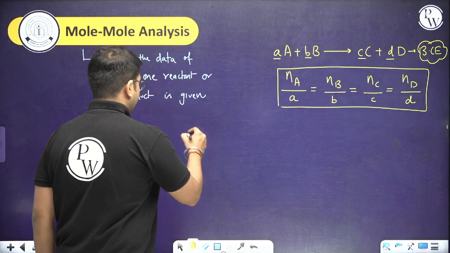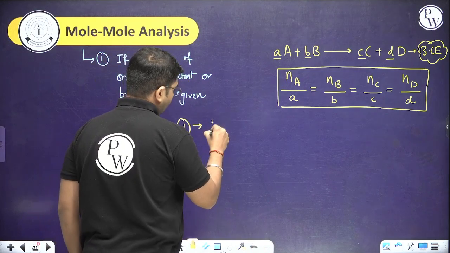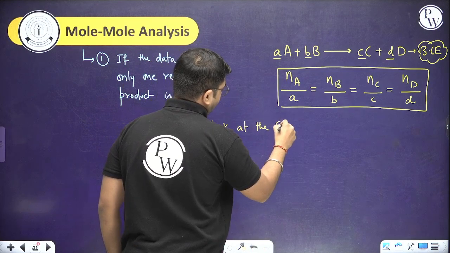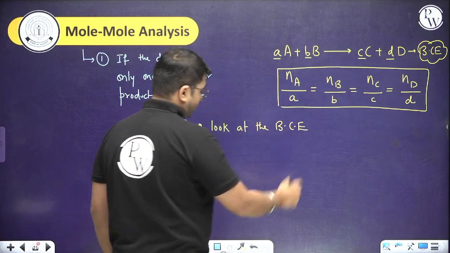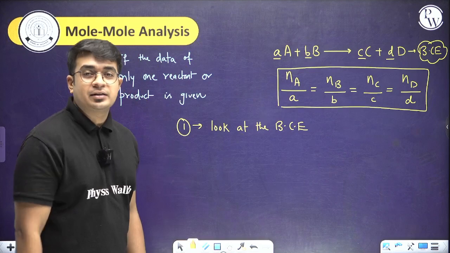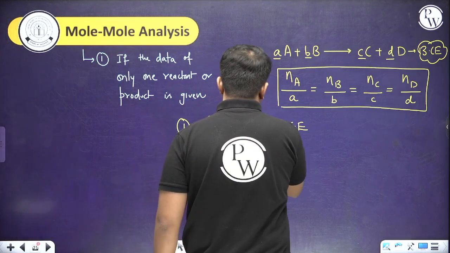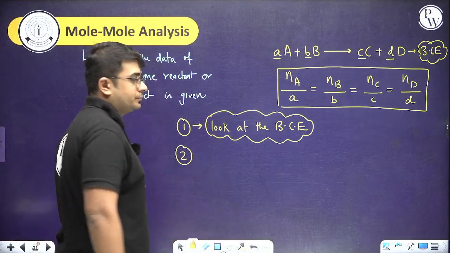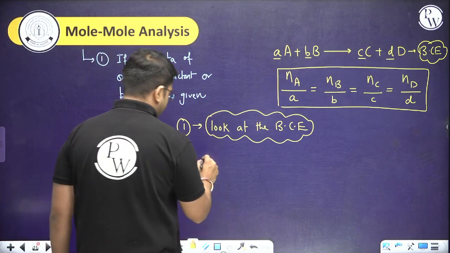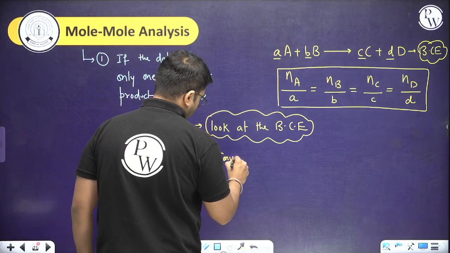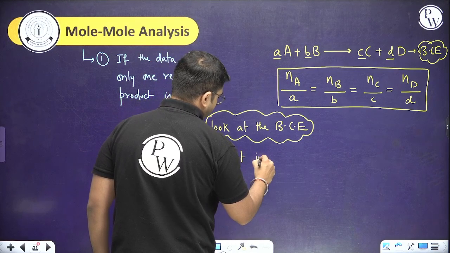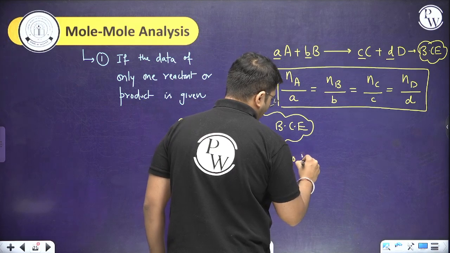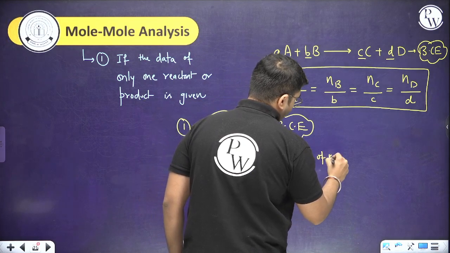So first part, what you have to do: look at the balanced chemical equation. If not given, then balance the equation. Now let's say this part is done. Next part, convert whatever information is given to you into number of moles.